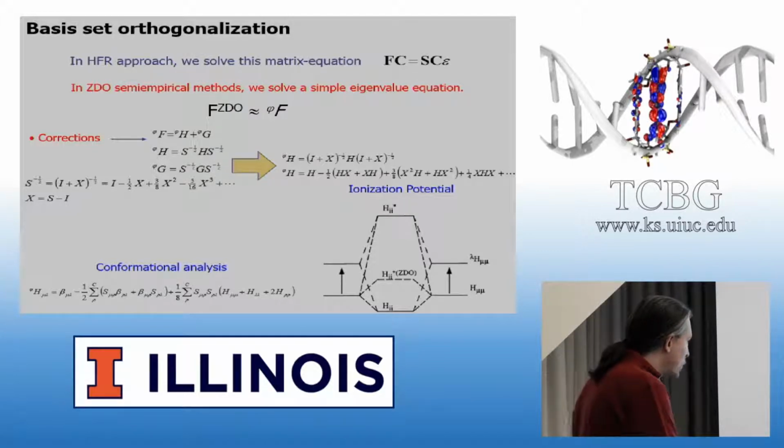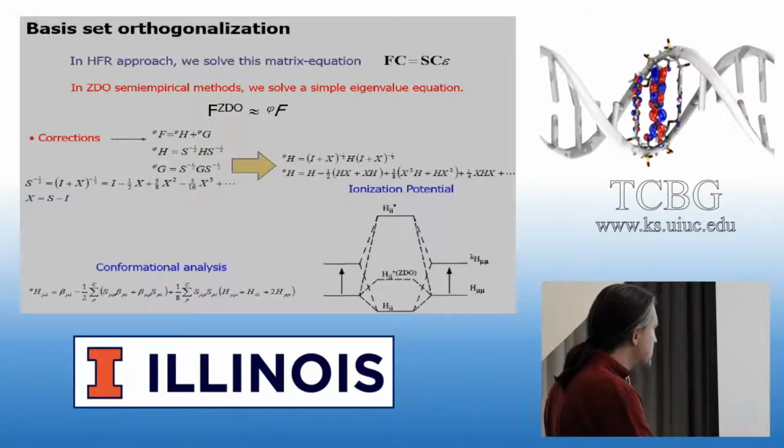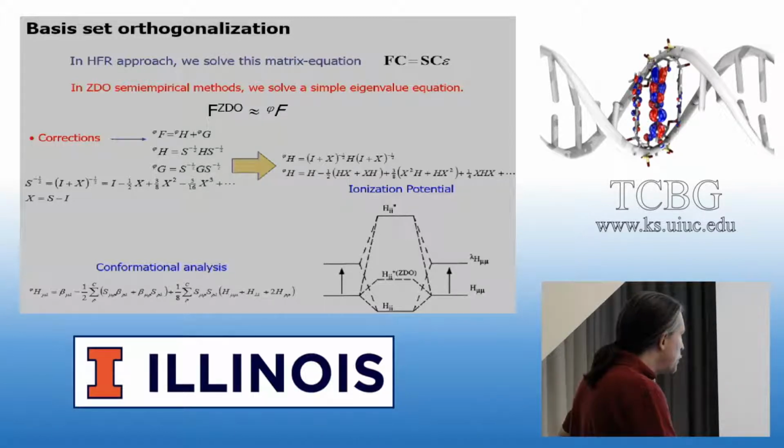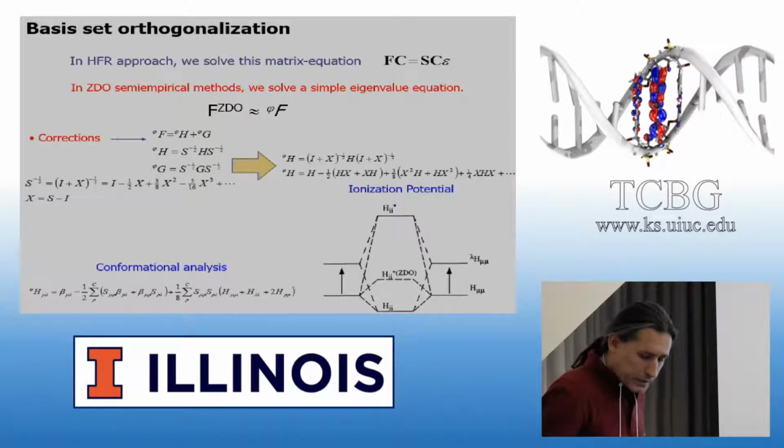And if you consider the S matrix, you will be able to correct this type of excitation, and you correct the ionization potential too, because you need to consider the difference between the two levels better.